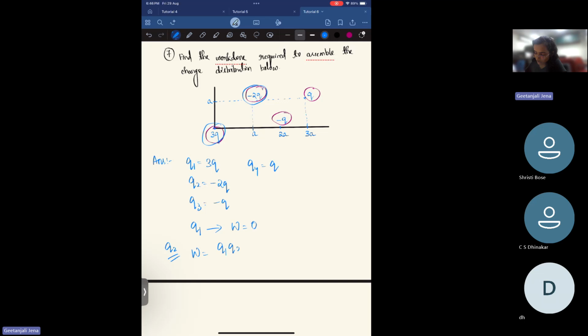Here it will be Q1 Q2 by 4 pi epsilon naught R12. The distance between them is root 2a. So this will be minus 6Q square by 4 pi epsilon naught root 2a.